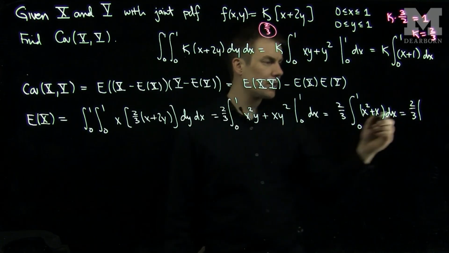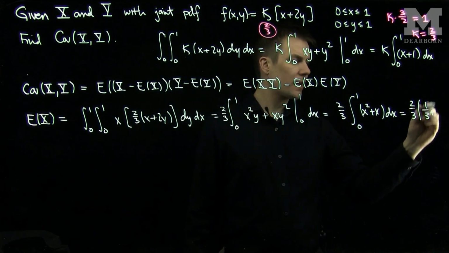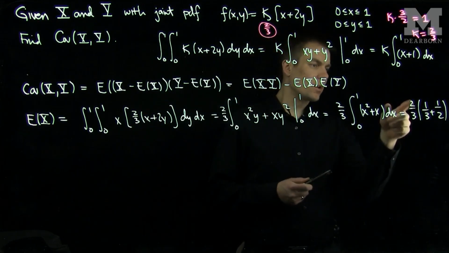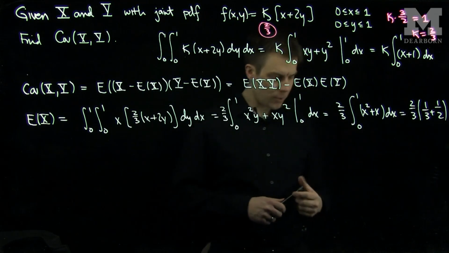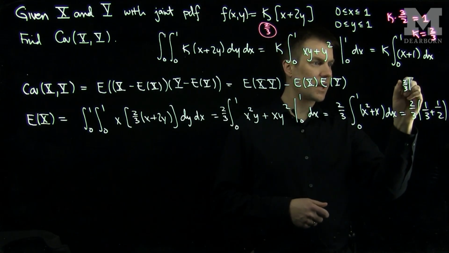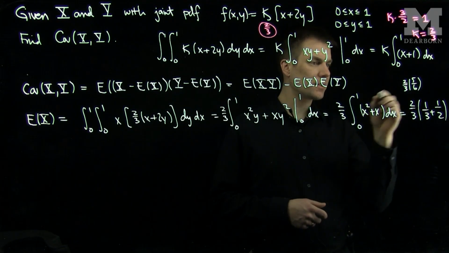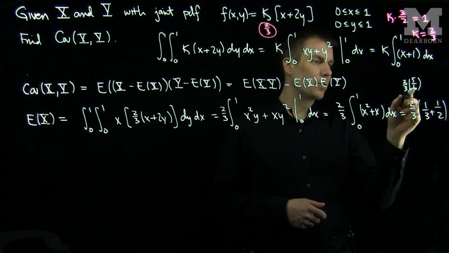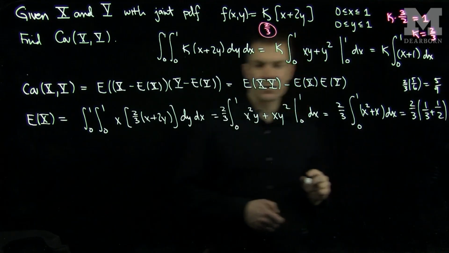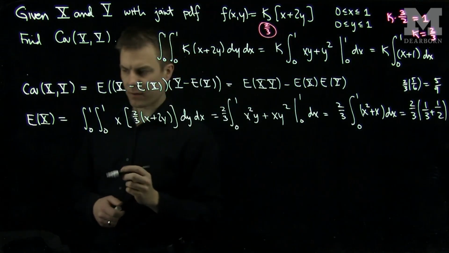The x squared integrates to a third. The x integrates to a half. And so we see that this is going to be 5/6. So I have 2/3 times 5/6. So the 2 will cancel the 6, will get 3, so this will be 5/9. So that's the expected value of x, is 5/9.